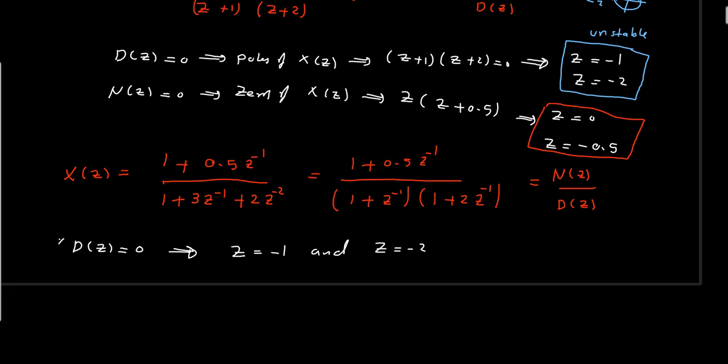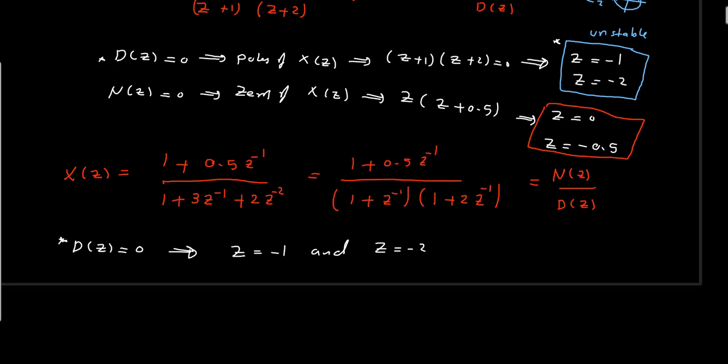So here we don't have any problem with the poles. We can locate the poles either using x of z or x of z in terms of z minus 1.